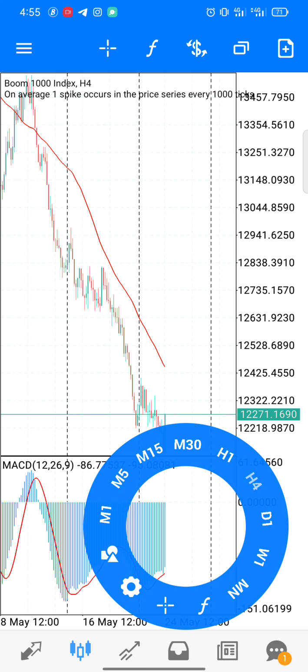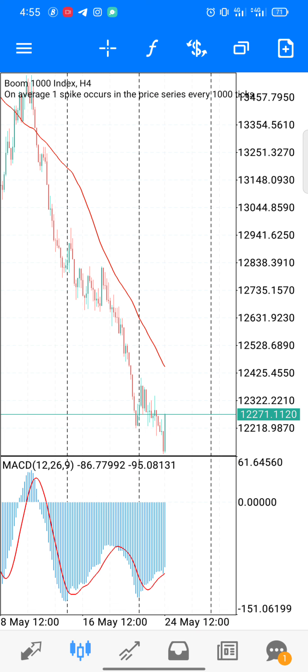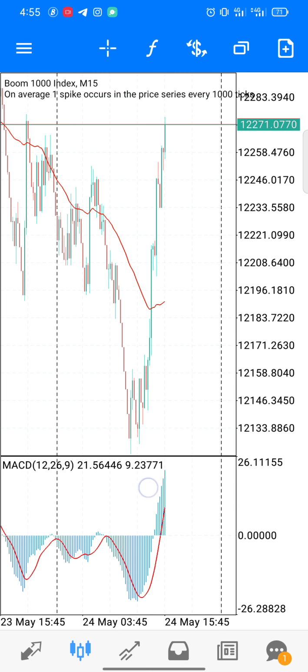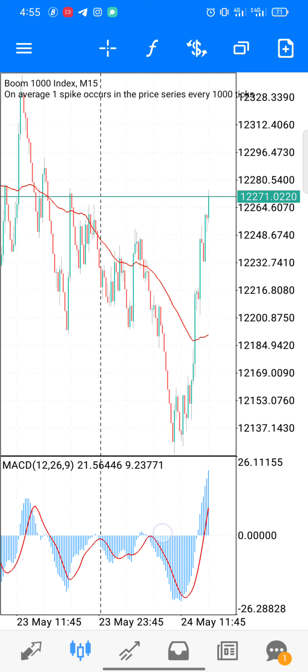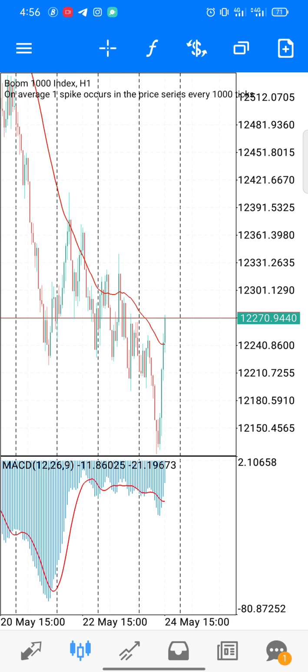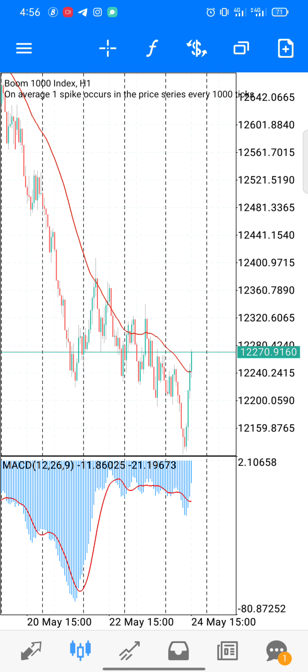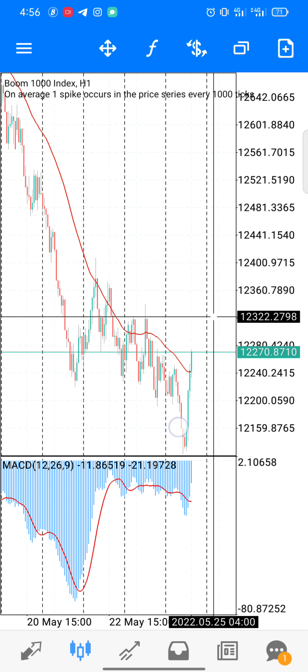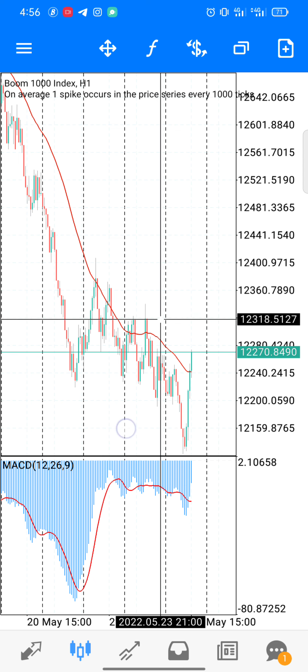The 4 hour time frame made this strong heavy bullish move to the upside. So we're going to check this out from a lower time frame to see where the market is heading. But for me right here, with the 1 hour time frame, I'm seeing that this market is still going to continue to the downside, probably at this resistance level.